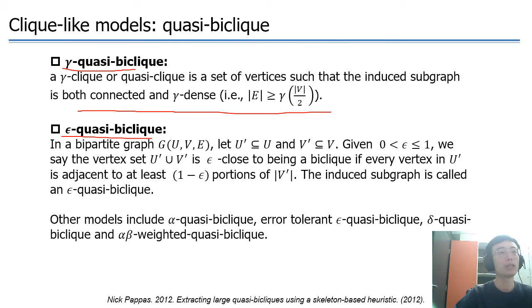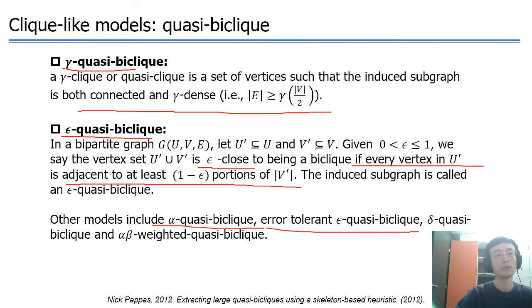We can see the definition: the vertex set is epsilon close to being a biclique if every vertex in the vertex set is adjacent to at least 1 minus epsilon portion of the vertex set in the opposite layer. We also have other models, including the alpha quasi-biclique and the error-tolerant quasi-biclique.